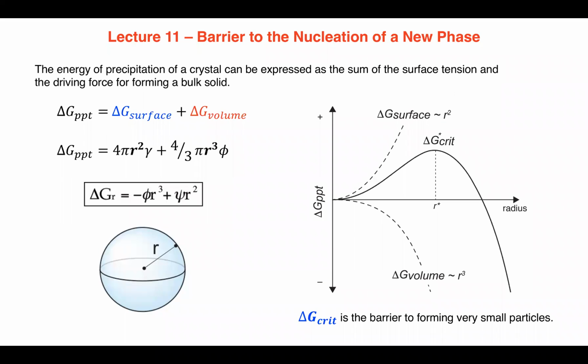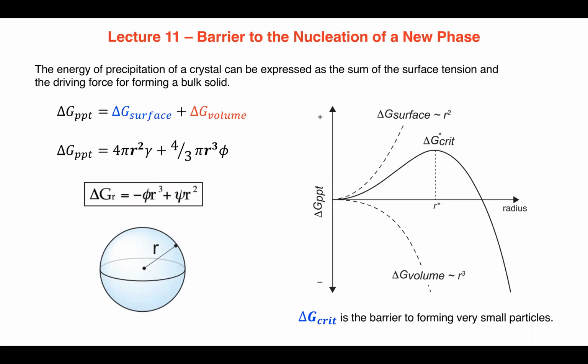And this leads to something called a critical radius. A critical radius is a concept that relates to the supersaturation of the system. Because remember, the supersaturation changes this equation in a way. It changes the driving force for precipitation. So it moves this part of the equation around.